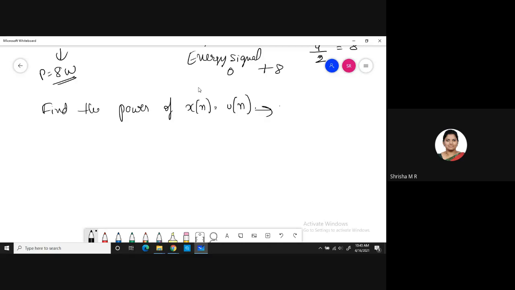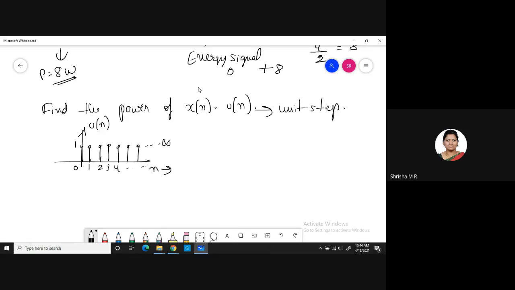So, what is u of n? It is a unit step. So, a signal u of n exists from 0 up to infinity with an amplitude 1, right? n equals 0, 1, 2, 3, 4 up to infinity with an amplitude 1.